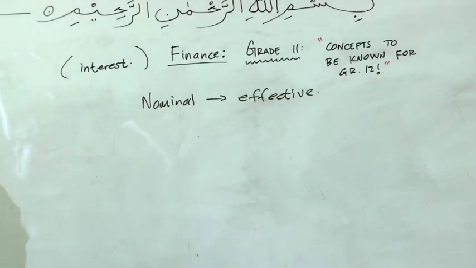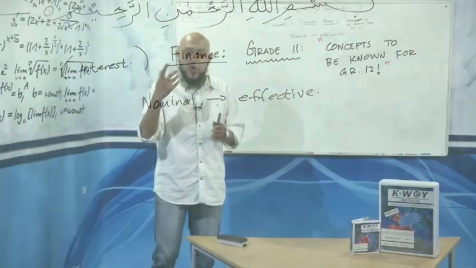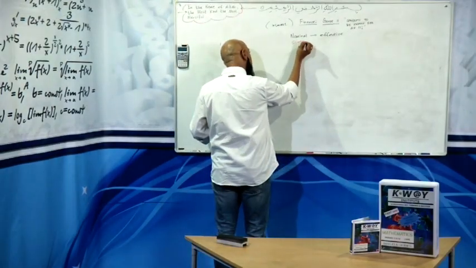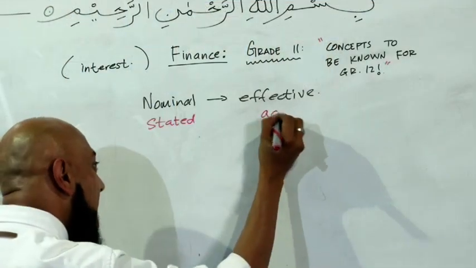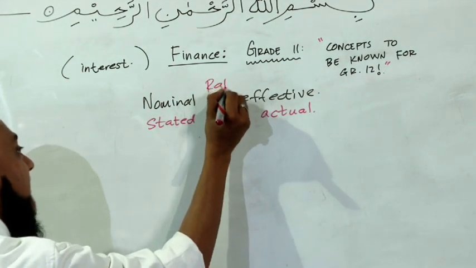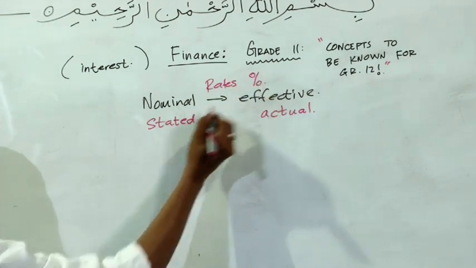Now, just to make you understand, what does it mean? Nominal means the stated amount. Effective means the actual amount, or the actual rate. Remember, these deal with rates, so they deal with percentages.